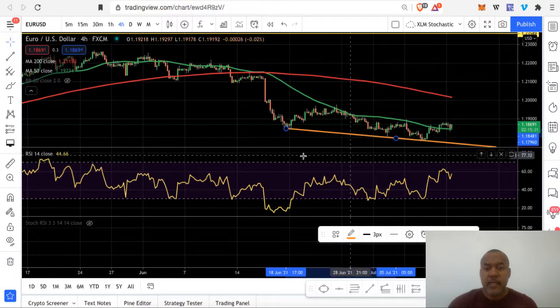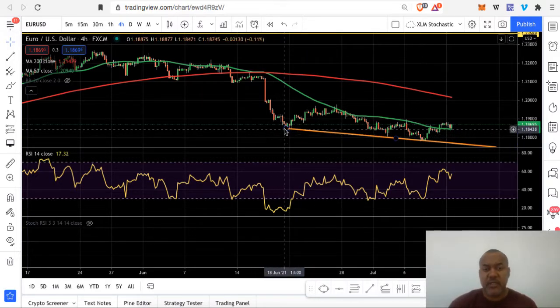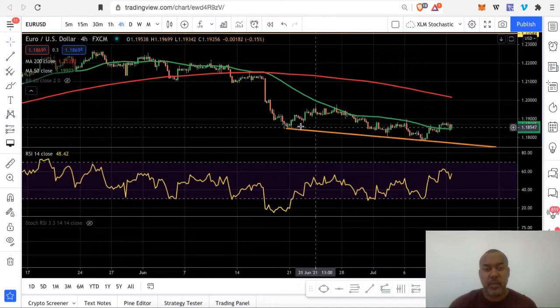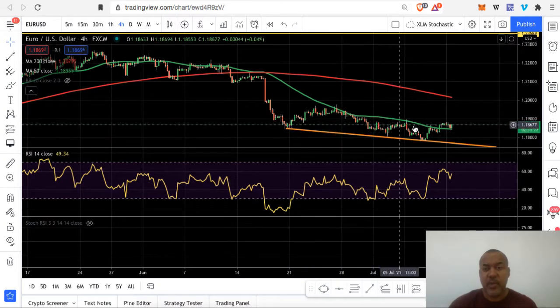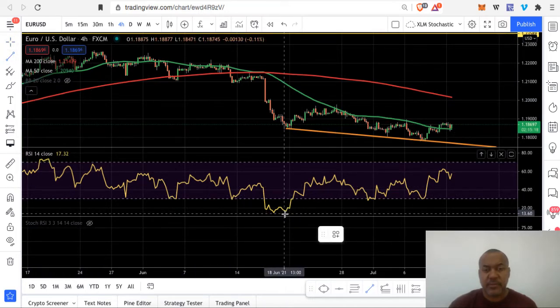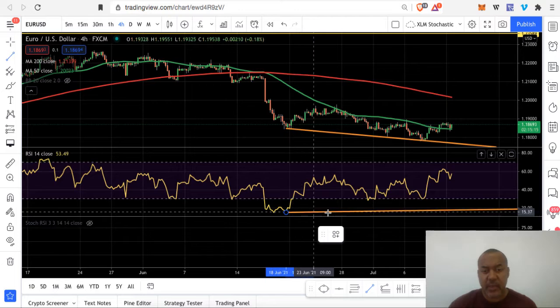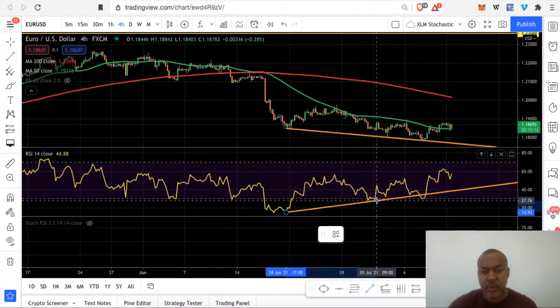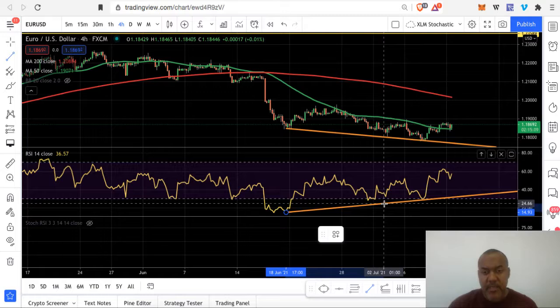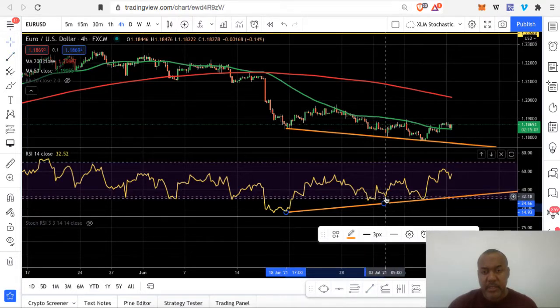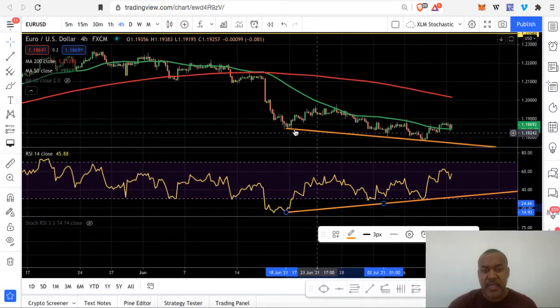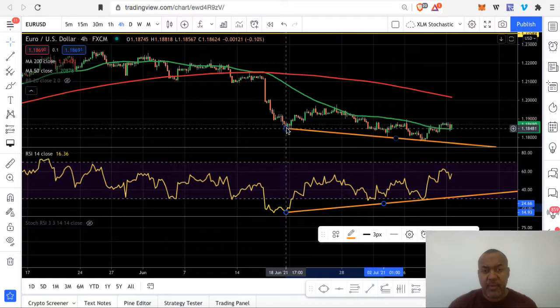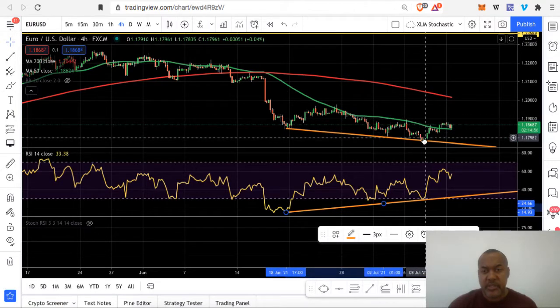Three touch points, right? So we'll notice here that we have three touch points, and each of these are lower. We have a low, we have a lower low, and we have another lower low. But in the relative strength index, we have a low, a higher low, and another higher low. Now this particular one did not come all the way down to touch on this point, but the main thing is that when you look from this trade here to this next point, we went lower in price action.